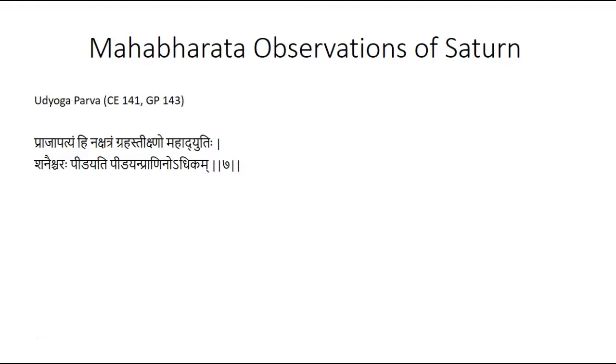In this case, nakshatra Rohini is described by its nakshatra devata, Prajapati. So Prajapatyam hi nakshatram is essentially nakshatra of Prajapati, which is Rohini. And what the shlok is stating is that planet Saturn, Shanishchar, is afflicting nakshatra Rohini.